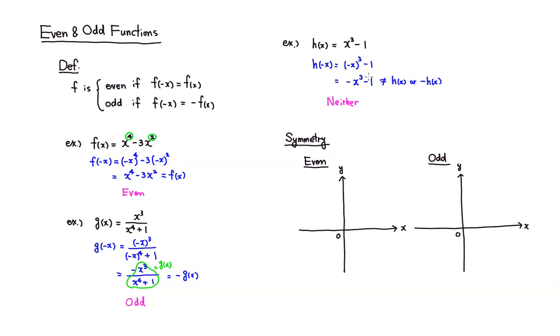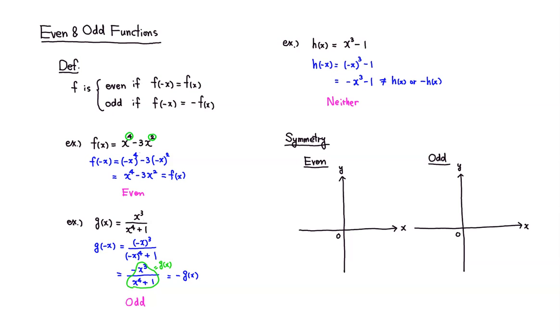There's another thing we want to talk about with even and odd functions. There's a symmetry attached to them. For an even function, when you plug in negative x, you get the same value as the original function.